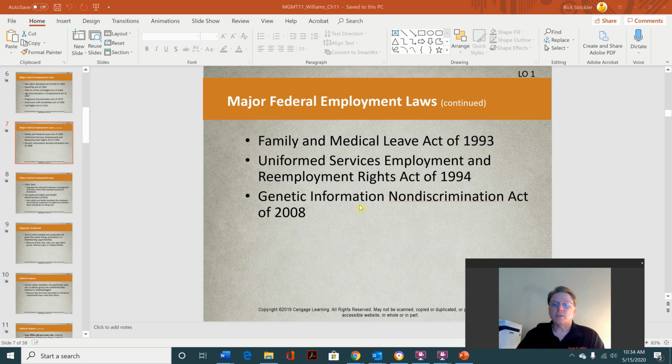This law is used to stop employers from getting your genetic makeup to see if you are prone to any type of diseases, because that would increase their insurance premiums for health insurance. So this law prevented them from having access to that or discriminating against people for any type of genetic information.